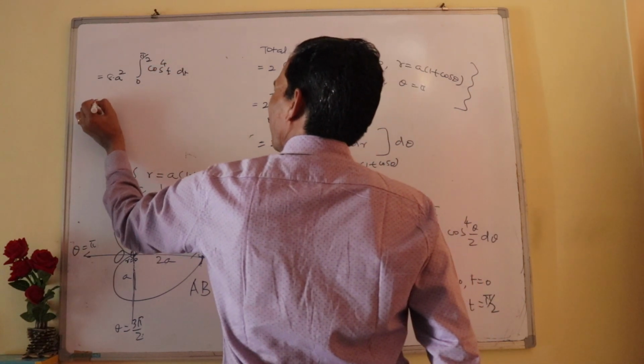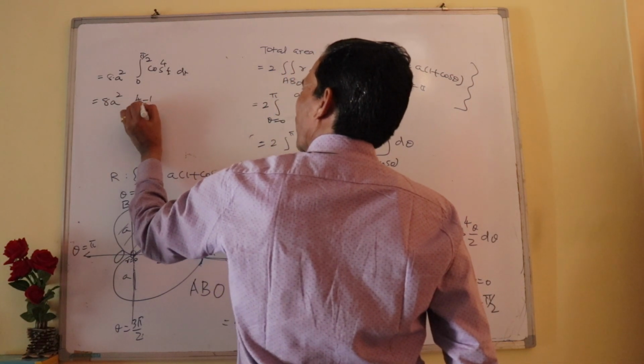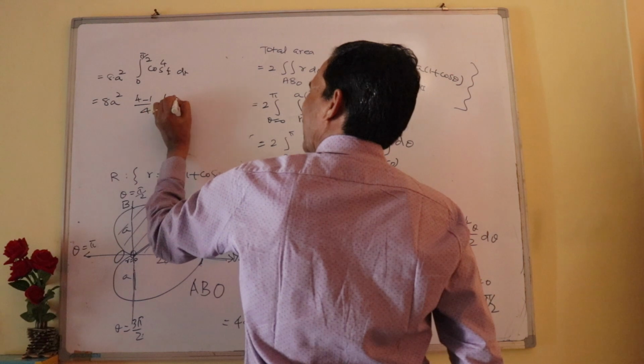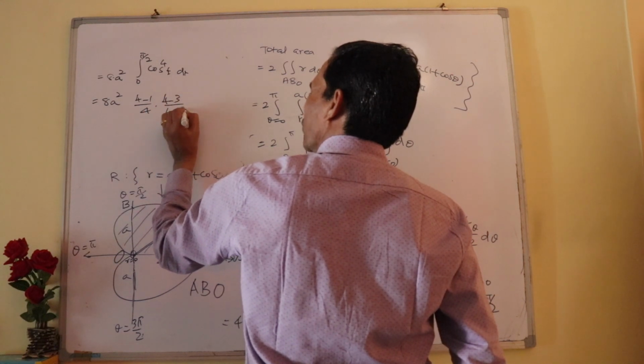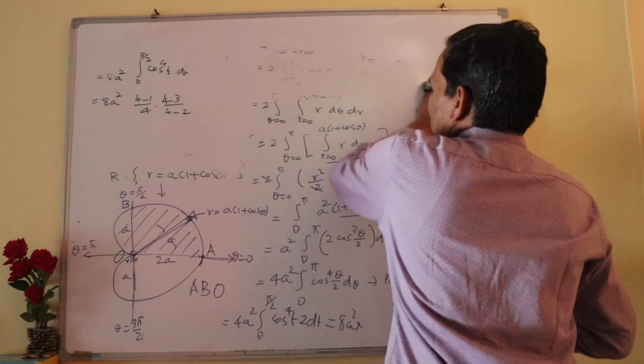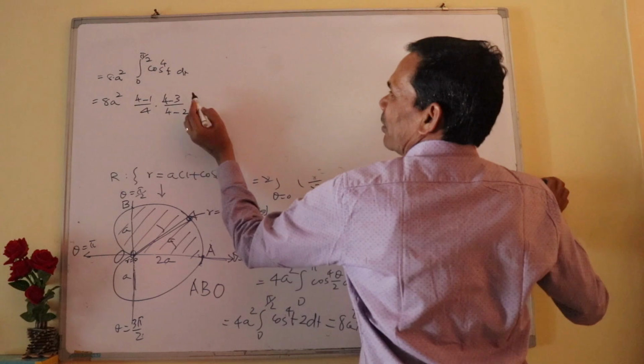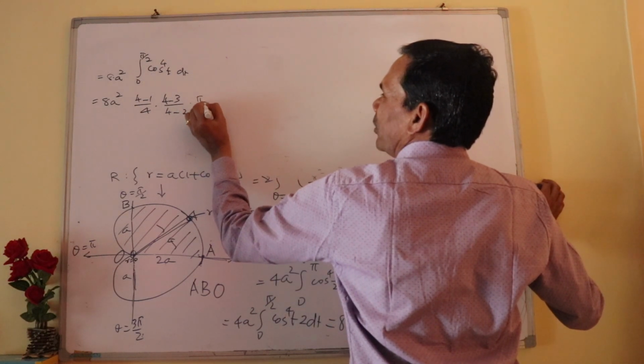I use the reduction formula: 8a square, reduction formula, (4 minus 1) upon 4, (4 minus 3) upon (4 minus 2), into pi by 2.